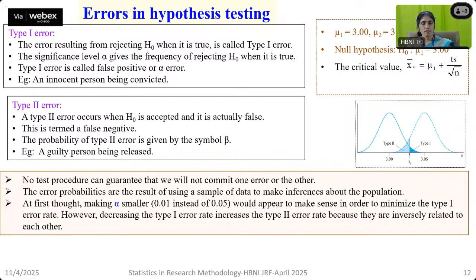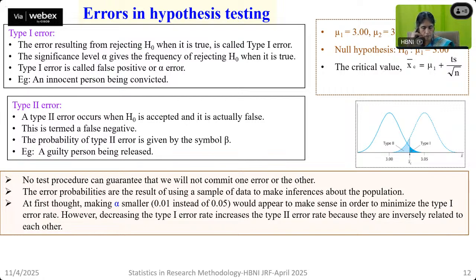When we say that the alternative hypothesis wins over the null hypothesis, that is type 2. For the second population, which is independent of the first one, there is a region, a probability area, which is taken out as not part of the second population, mu2 corresponding to 3.05, where we are wrongly rejecting the null hypothesis.